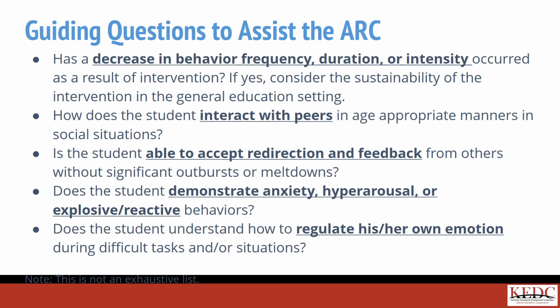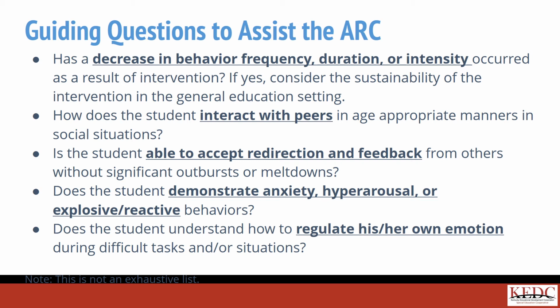These questions may be used to guide the ARC's discussion regarding the areas of concern exhibited by the student and to assist with determining if there is a suspected disability. Has a decrease in behavior frequency, duration, or intensity occurred as a result of interventions? If yes, consider the sustainability of the intervention in the general education setting.